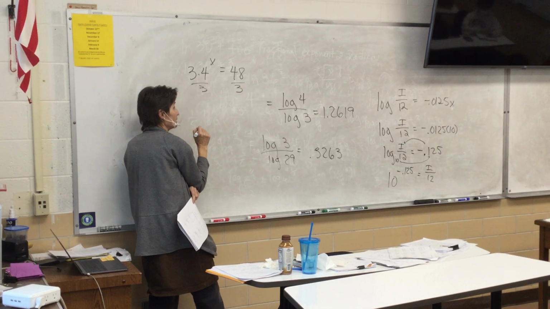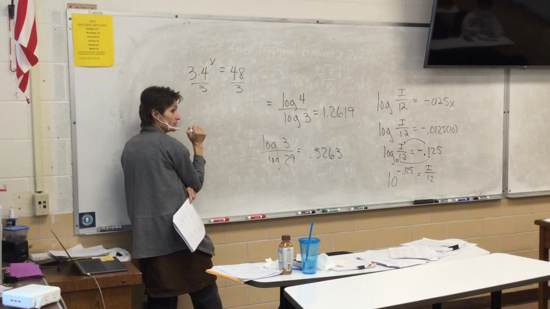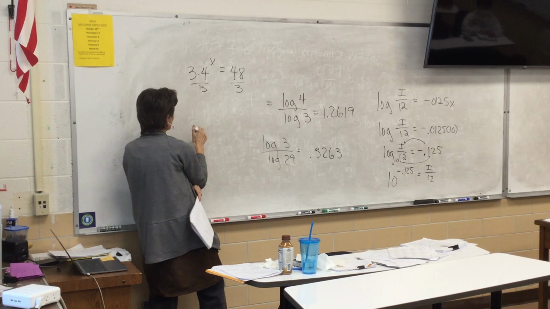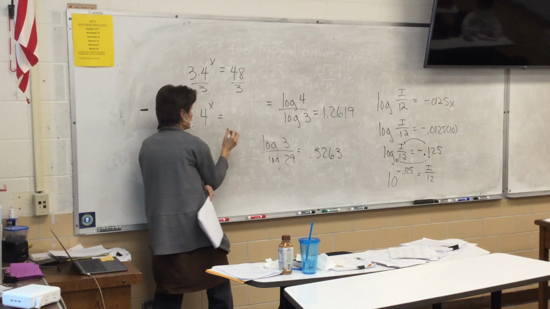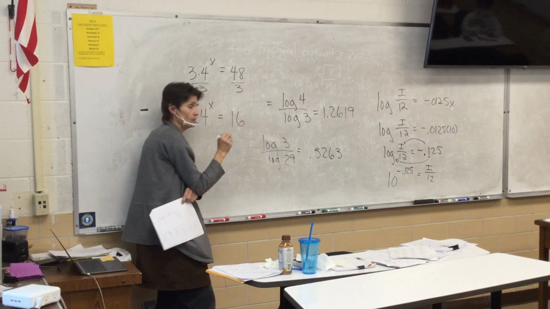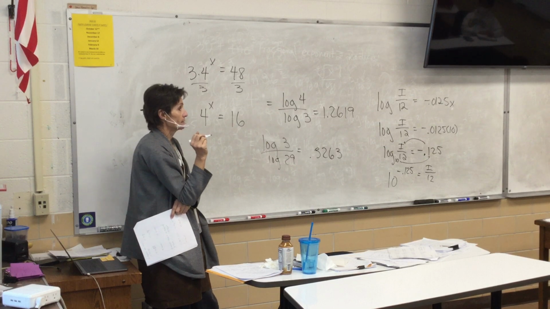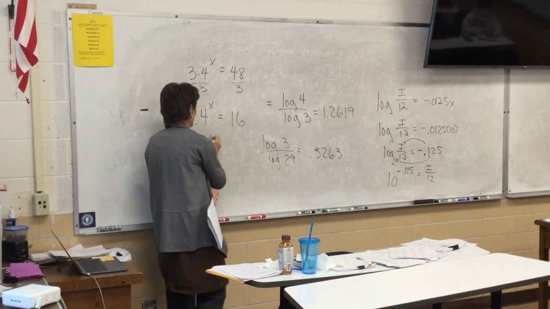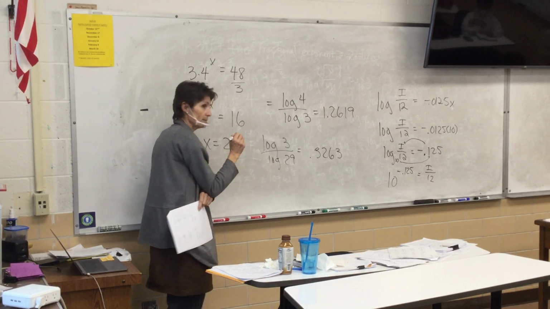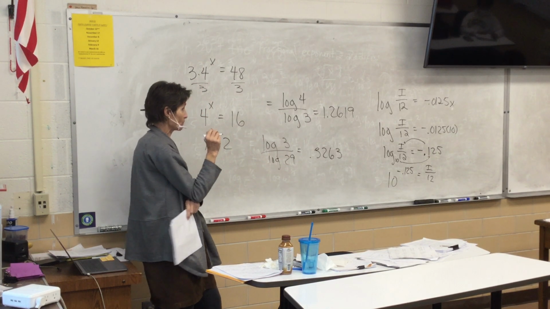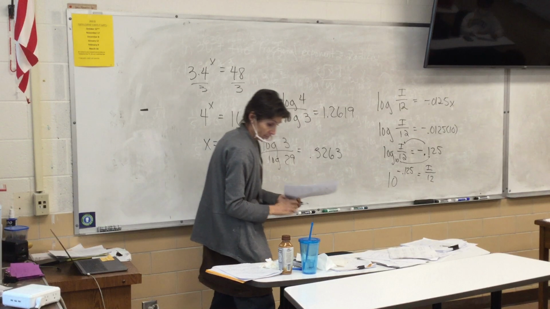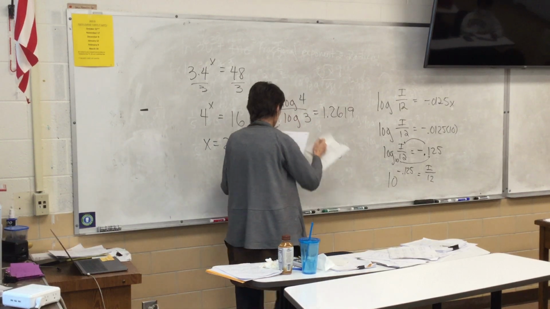Always get rid of that extra number. So what does it say now? 4 to the x equals 16. What's x? 2. We don't need a calculator. Now, for some of these we will, but not for these rigged problems.